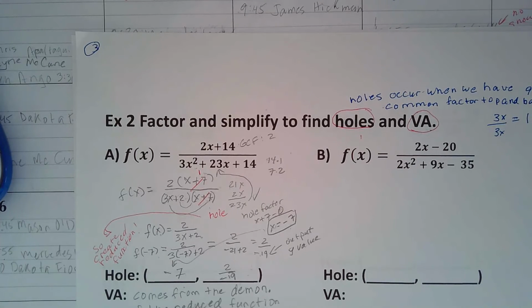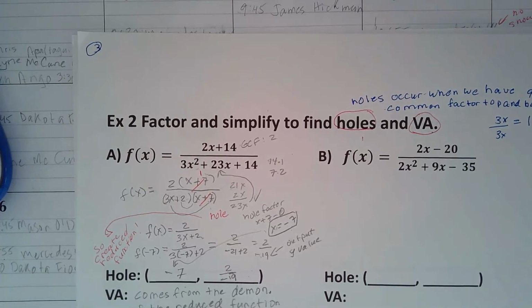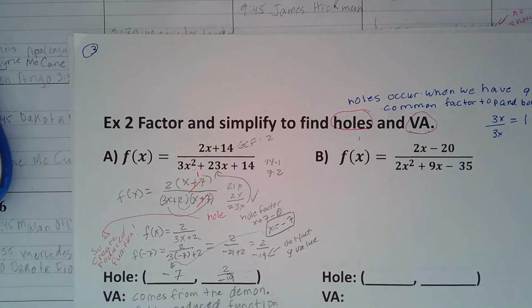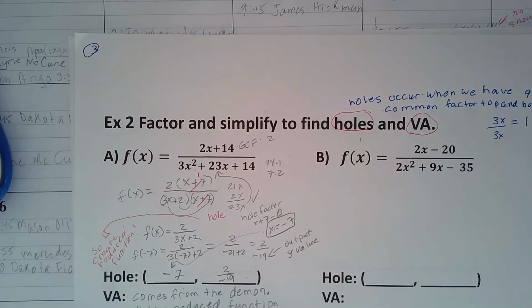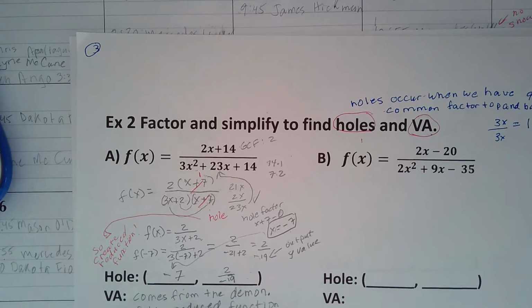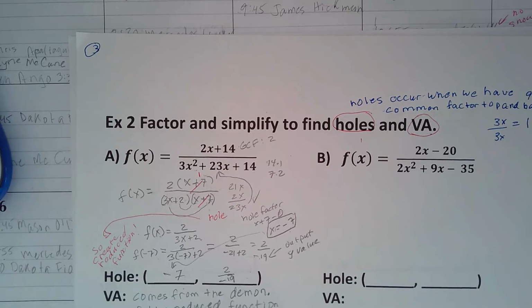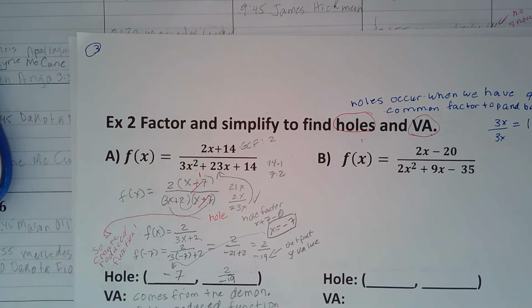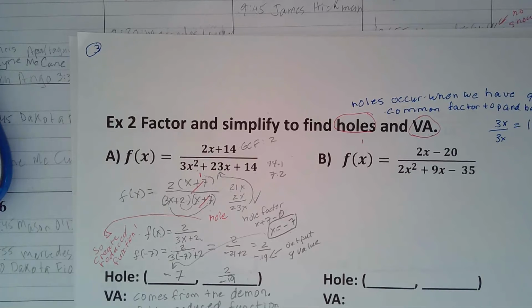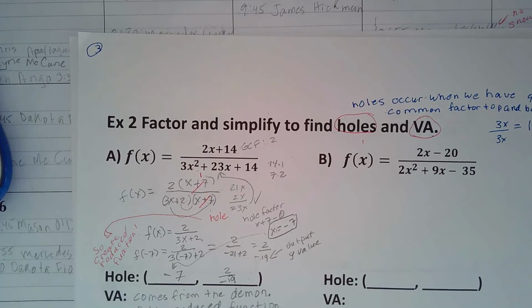So I'm going to take 3x plus 2 and let that equal 0. And so let's figure out what x is. So we're going to subtract 2 from both sides. So 3x, this cancels. 3x is going to equal negative 2, and then we divide by 3, and we get x equals negative 2 over 3. All right?